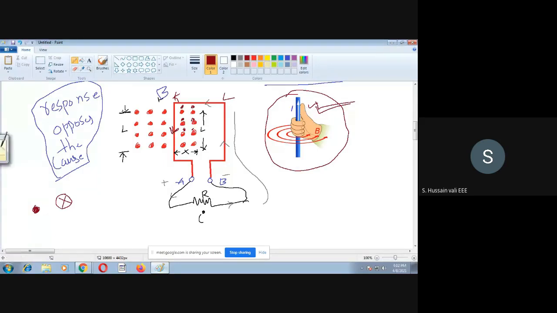Then what is the correct polarity? Definitely the correct polarity will be this is minus, and this is plus. Now if this is minus and this is plus, then the direction of the current will be different, the opposite direction, like this.